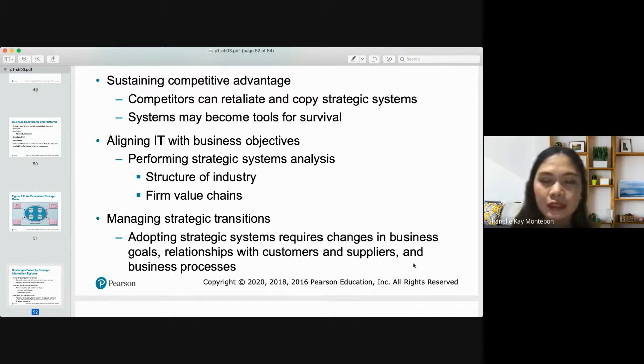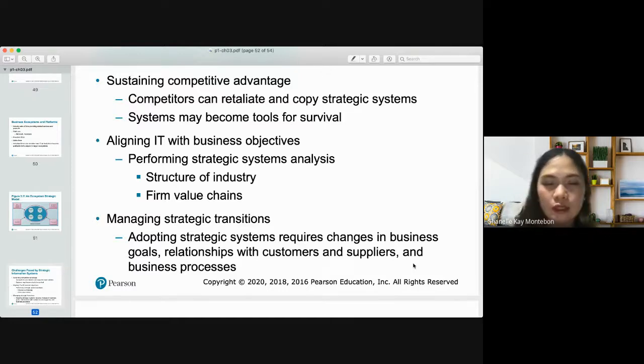What I can really impart from this topic is that information systems are very useful for a company to achieve competitive advantage, but they shouldn't just stop there na ay meron na kaming information system. We can now have competitive advantage because technology is always changing.